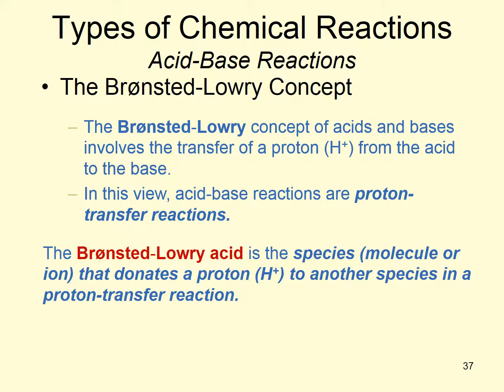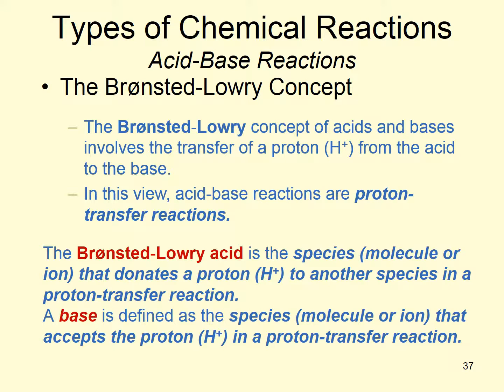An acid is one that donates a proton. That's pretty similar to the Arrhenius concept that we just saw. But here it's a little bit different because the H plus is donated to another species in the reaction. So there always has to be something that gets the H plus and something that gives the H plus. The acid is the thing that gives the H plus, and a base is the species, it could be a molecule or an ion, that accepts the H plus.